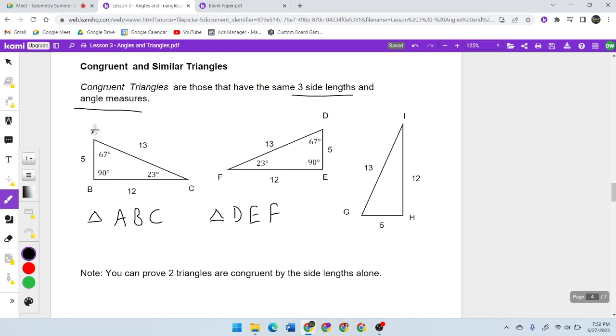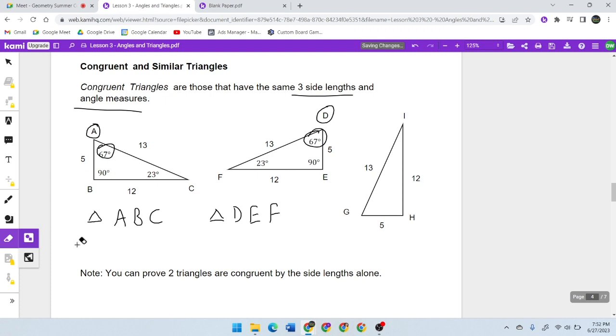In other words, see how angle A is touching angle 67 and angle D is touching 67, and they're both first in the order? That matters when you write out your triangle. So for instance, if I want to say these two triangles are congruent to each other, which they are, by the way, even though it's reflected, it doesn't matter, they're still congruent. What I would say is triangle ABC is congruent, that symbol, to triangle DEF.